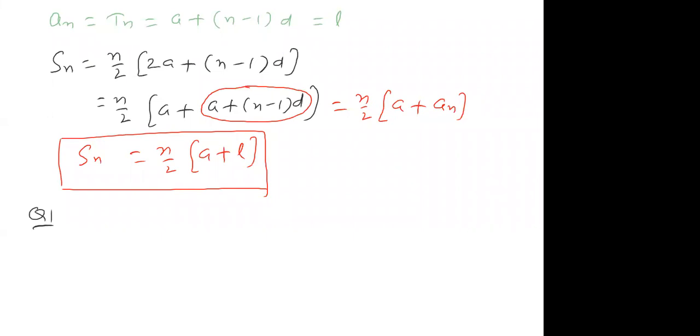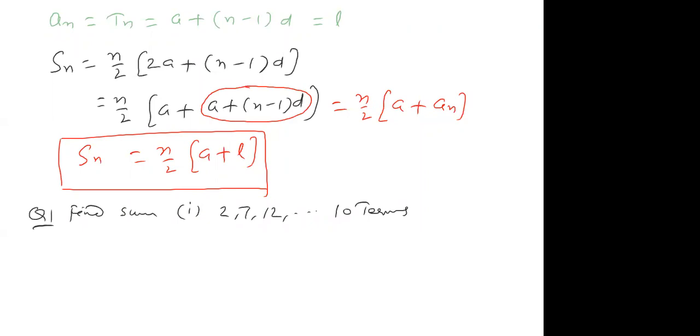Find the sum of the first 10 terms of 2, 7, 12. Everybody try to calculate this.